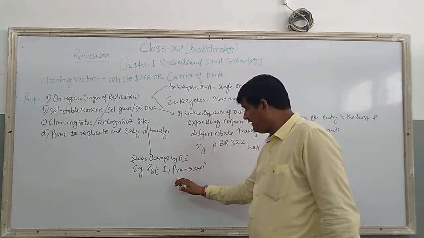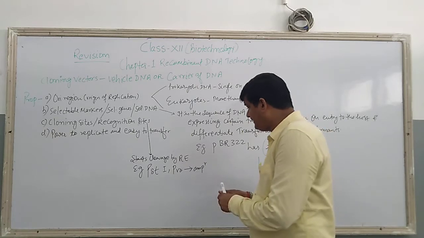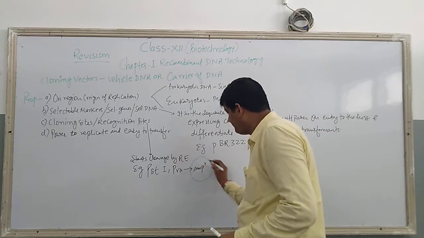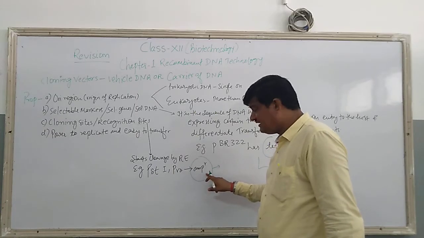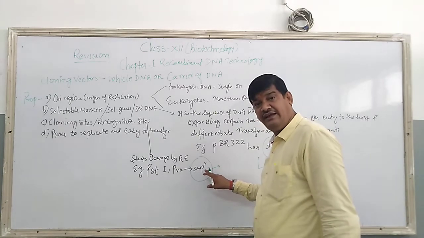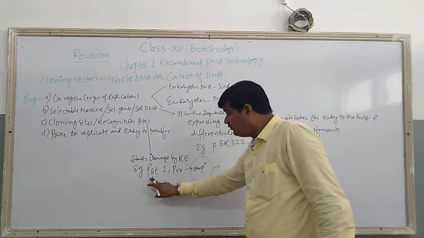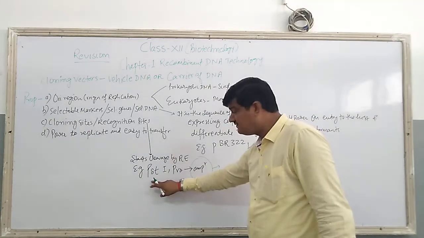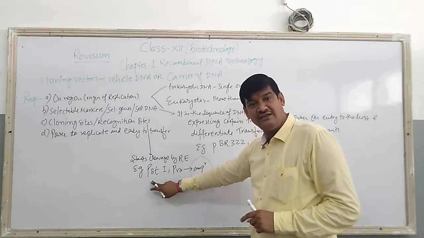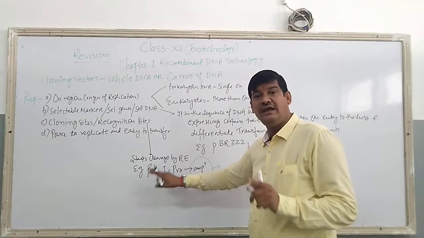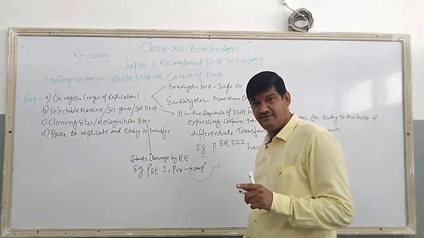These two are sites present in the ampicillin resistant gene or region. It means the ampicillin resistant region contains two recognition sites. It means these are the two points where restriction endonucleases can work and cut the DNA.